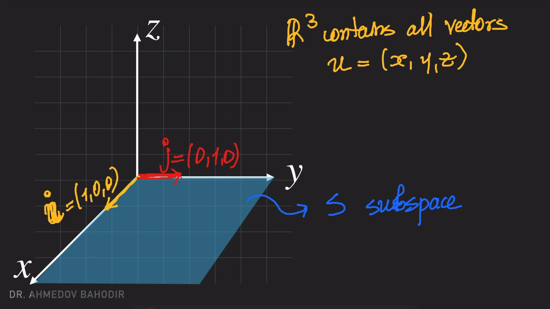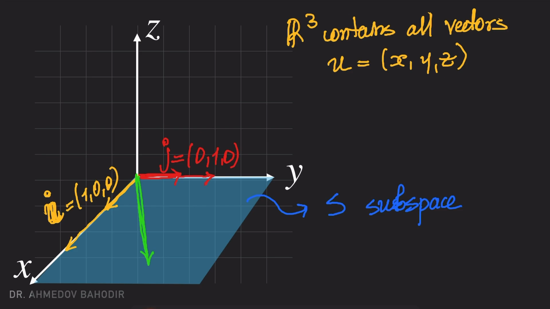And any vector along this plane, for example, this vector, can be defined as a linear combination of these two vectors. Essentially, I can just scale the I like this, and the summation is going to give me this vector, this green vector.